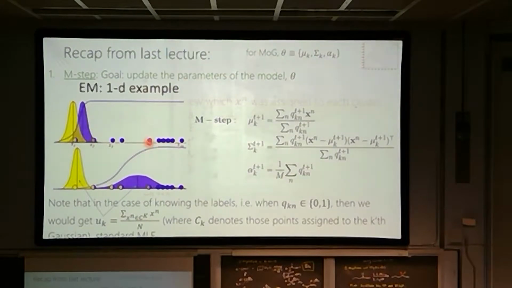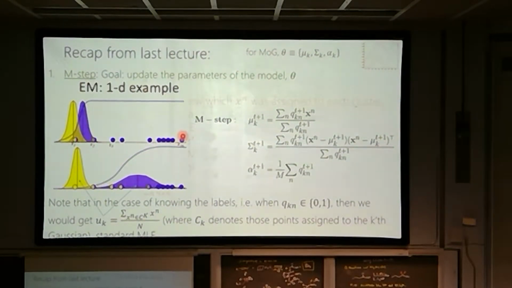But it doesn't move very far because really only 2 points, more or less, are influencing it, the ones that have some amount of yellow, and mostly this one. The purple one, on the other hand, moves quite a bit because it's trying to take responsibility for all of these points. Moreover, because those points are really spread out, it has to spread itself out also to get them. Whereas the yellow one's really only taking care of 2 points, so its variance doesn't really change. It mostly just gets shifted over a little bit.